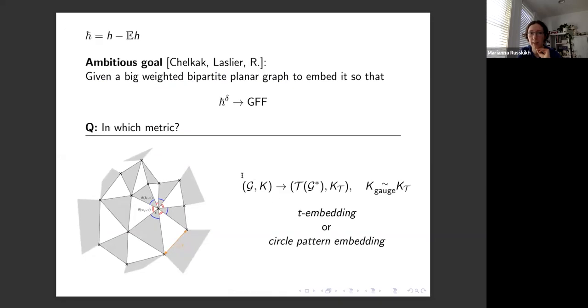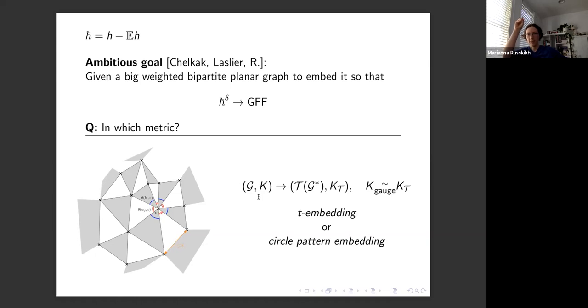We start with any bipartite graph with any weights. And then we are looking for a good candidate in the class of gauge equivalent weights. Given weights, I have a huge family of gauge equivalent weights, and I just want to pick one of them.